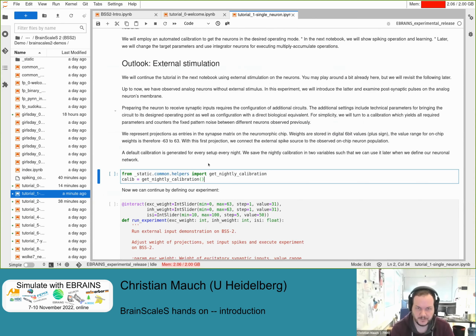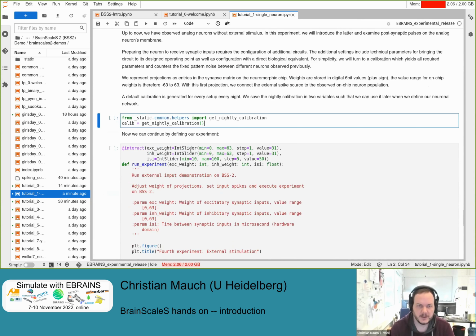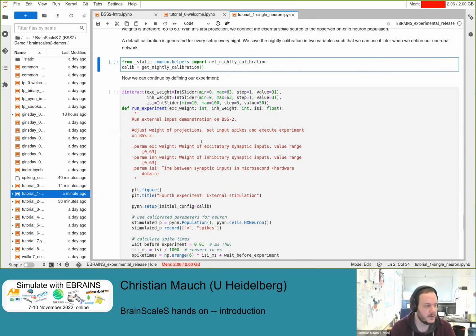In the last part of this single neuron experiment, we will see what happens when we stimulate the neuron with external input. First we load the calibration.